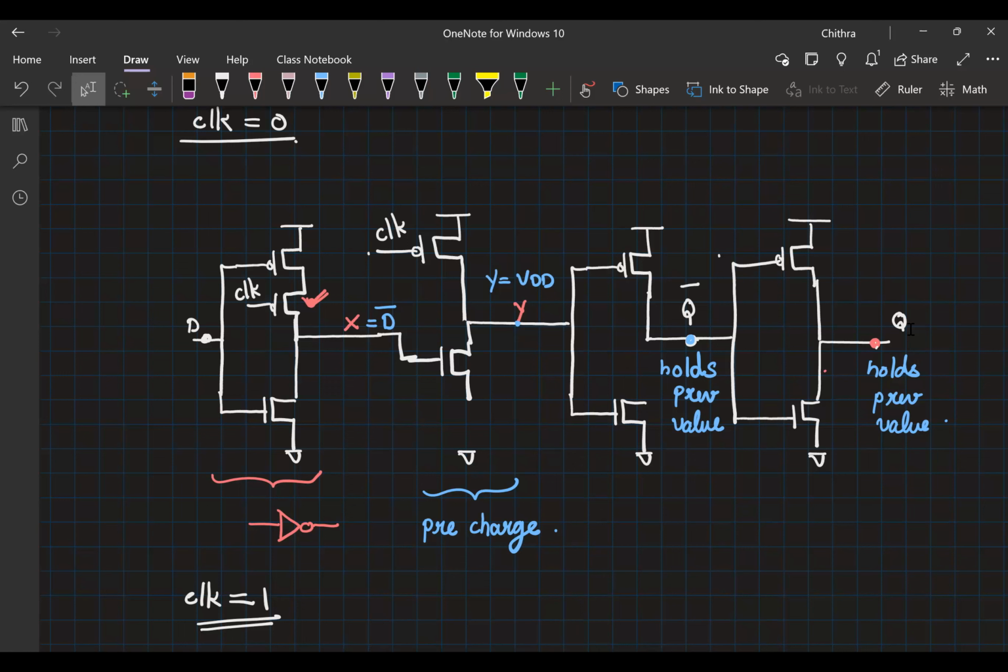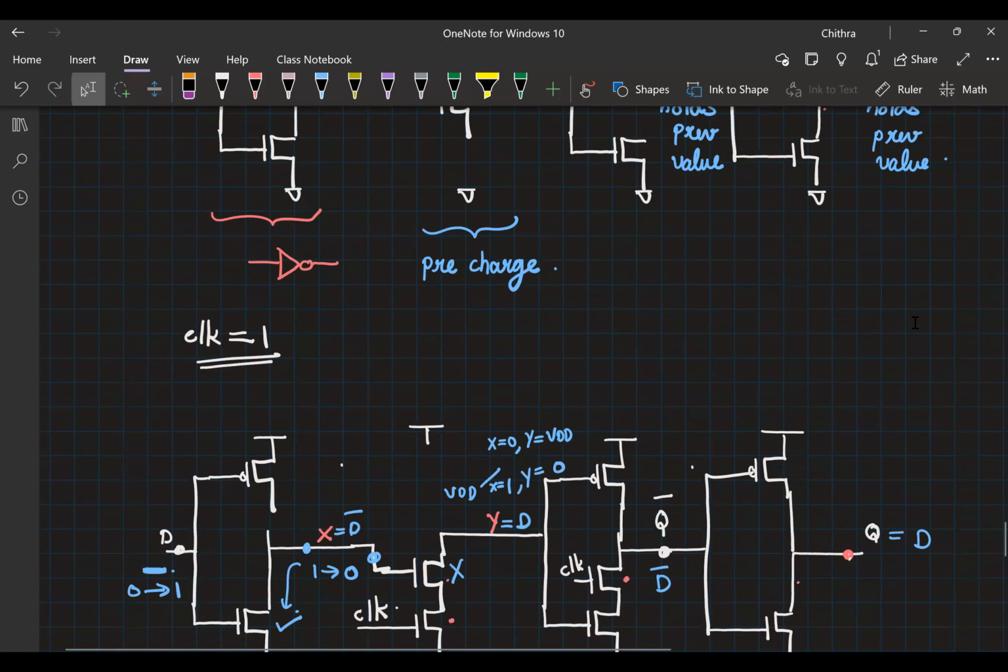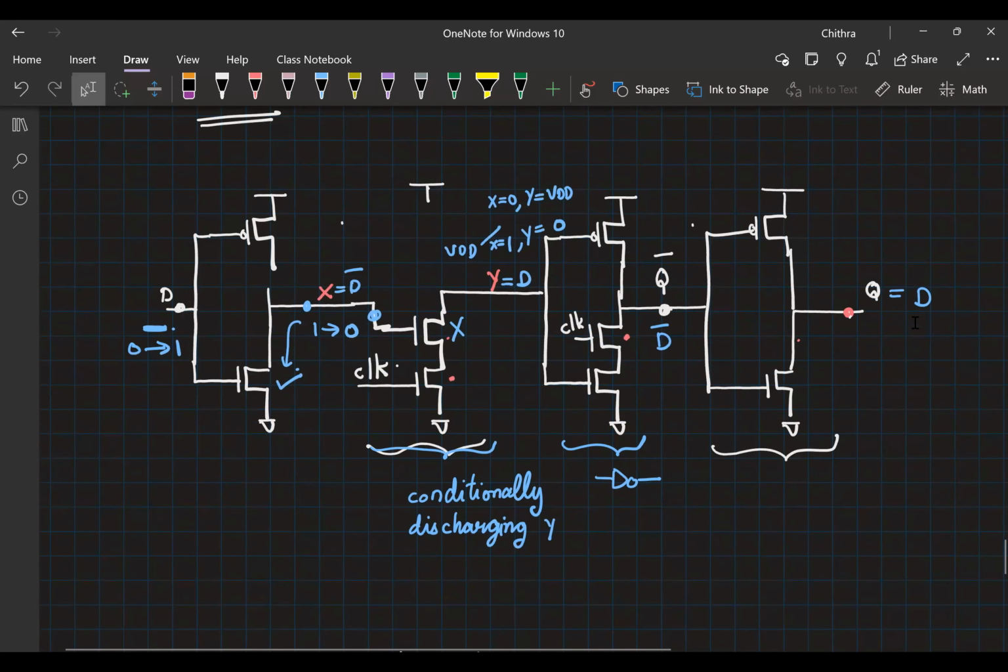Right? After the rising edge, let's assume that we held the data stable during the whole time. Then any other change that happens is not able to propagate beyond this stage.